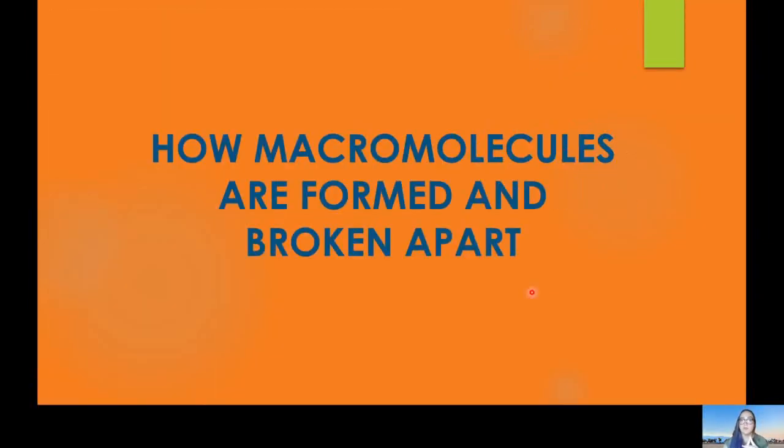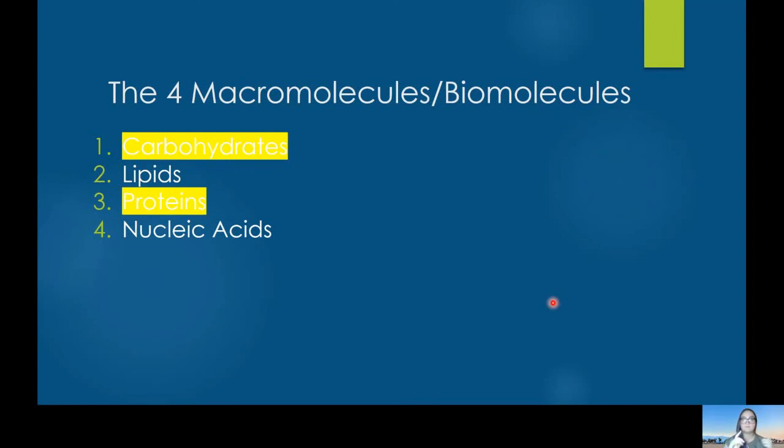So we are going to be moving on to how macromolecules are formed and broken apart in our next video. But for now, I think this is enough. So as a recap, we have our 4 biomolecules: carbohydrates, lipids, proteins, and nucleic acids. Tomorrow's video is going to be a wrap-up from another YouTube channel, not mine.